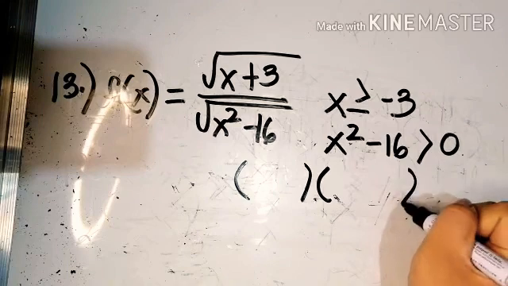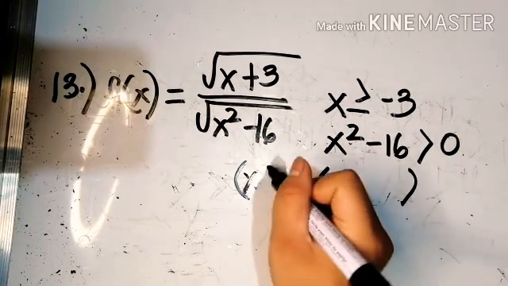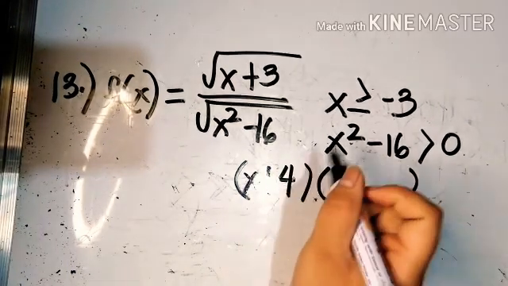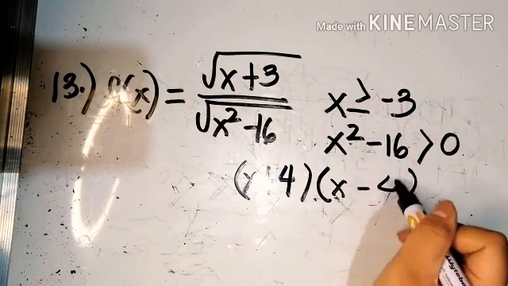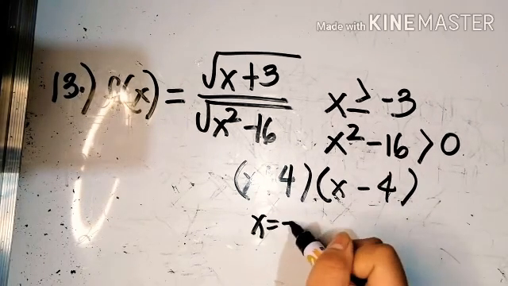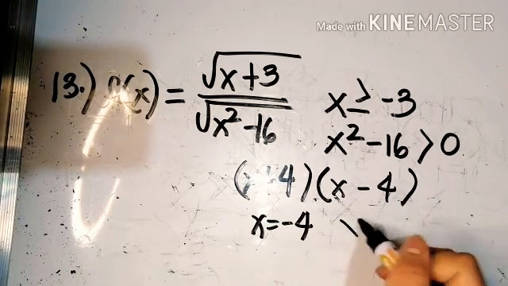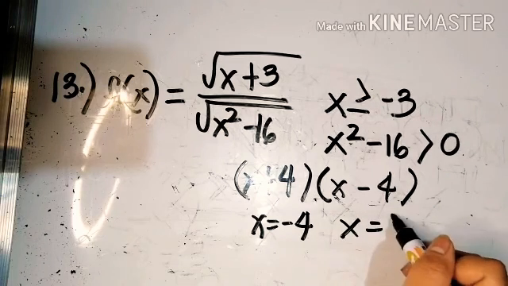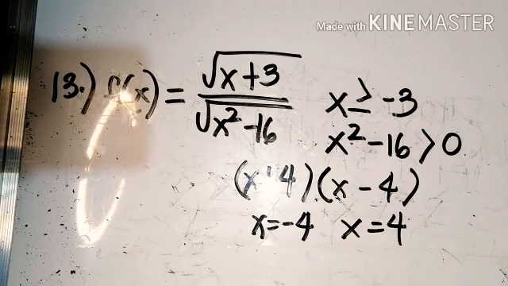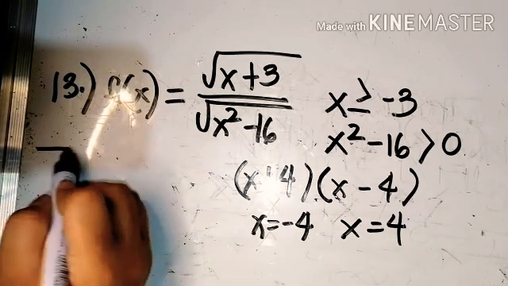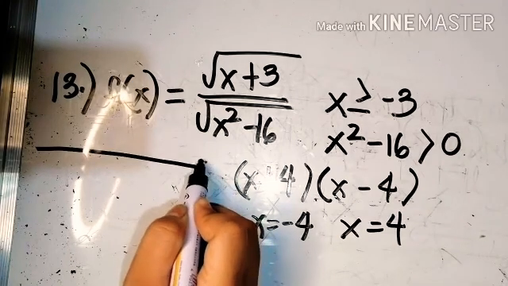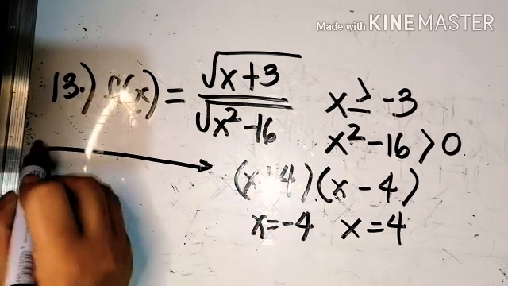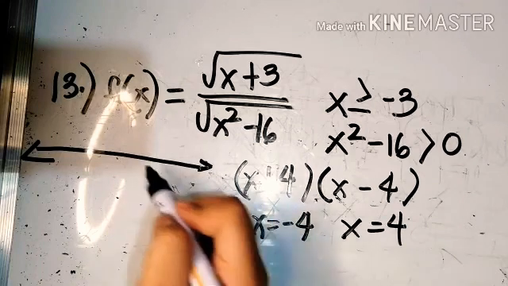So, tingnan natin kung ano yung mga bawal. X plus 4 at saka x minus 4. Kaya siya ay magiging x is equal to negative 4, x is equal to 4. Kapag sinubstitute natin yung dalawa na yan, magkakaroon tayo ng 0. So, dapat hindi included si negative 4 at saka si 4.